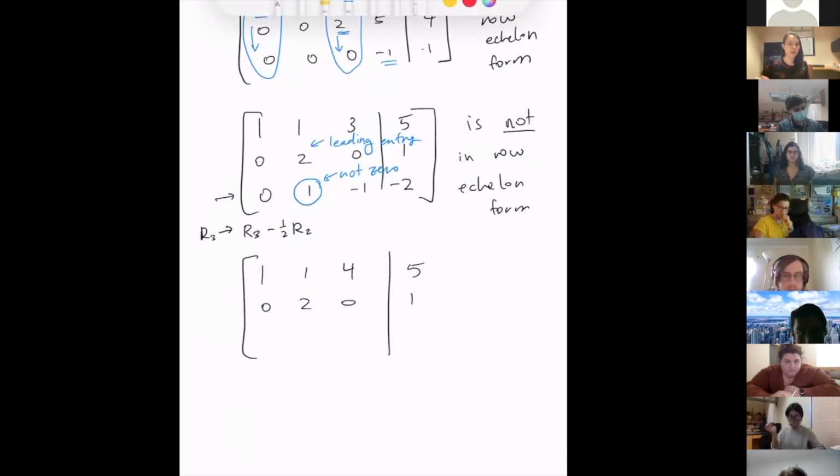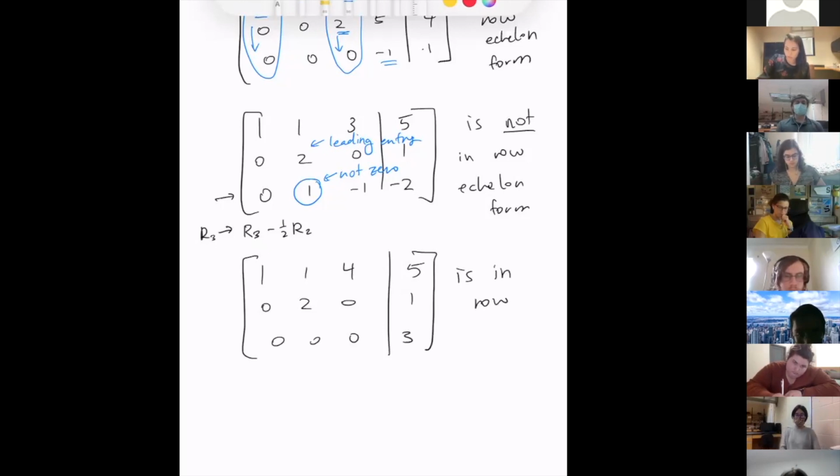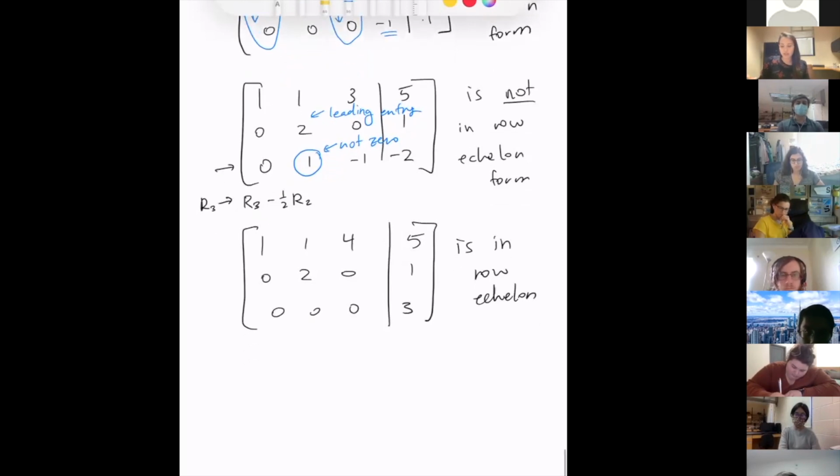Okay, so here we have this one. This is in row echelon form, right? So you can check that it satisfies all of those conditions. There's something else about this that is interesting or different. This is an inconsistent system.